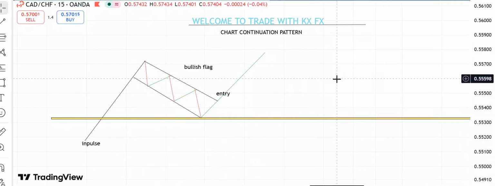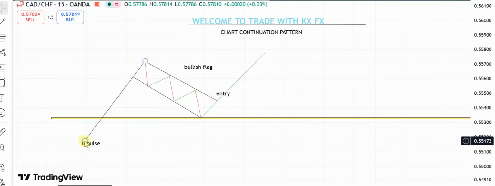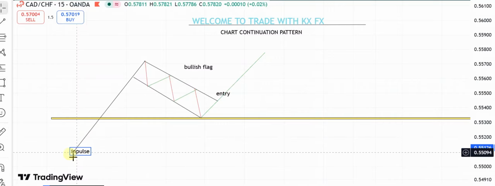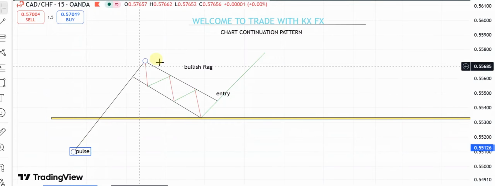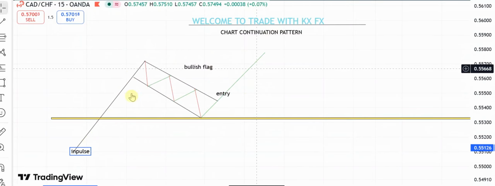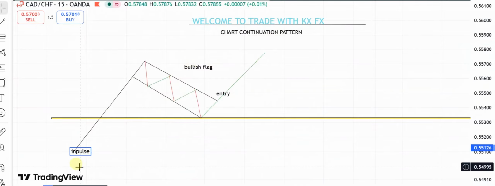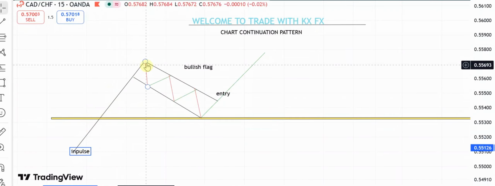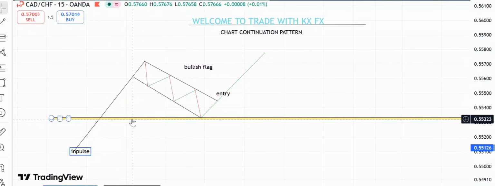Let's assume you're on a bullish trend. Your market is trending up, and every resistance level the market takes out, there must be a pullback. There must be a retest. Just like here, this is an impulse move. The market bought from here to this level, and it broke out a resistance level.